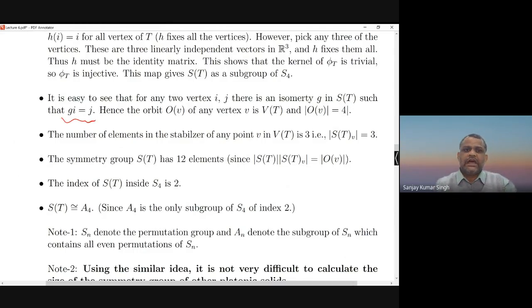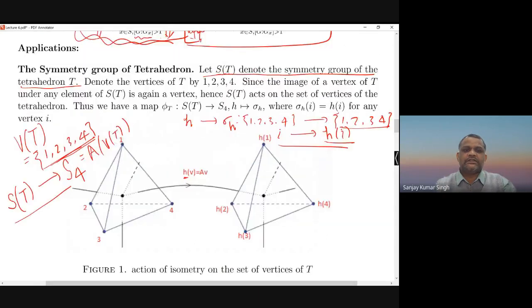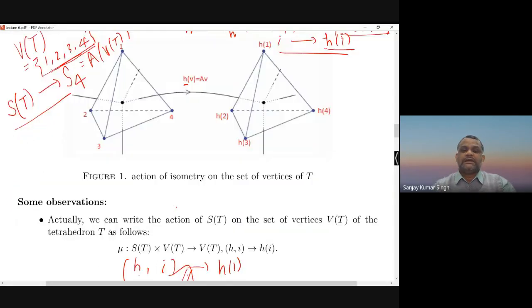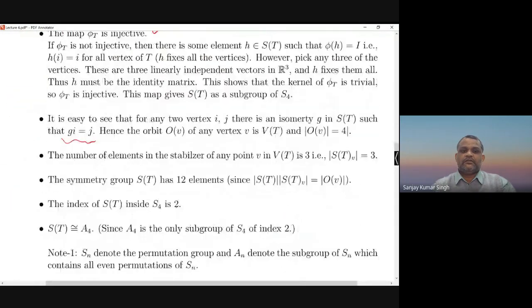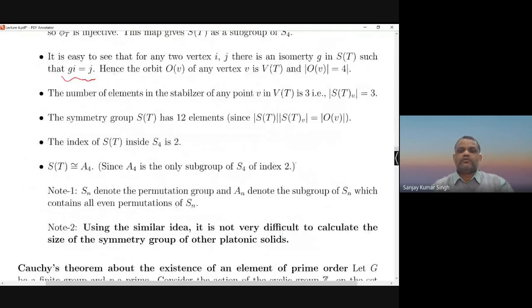Of course, I can always find some isometry that sends any vertex i to some vertex j. I will tell you more: it means the orbit of any vertex has exactly 4 elements, which is the whole set of vertices. So the cardinality of the orbit is 4. Here is a small typo.